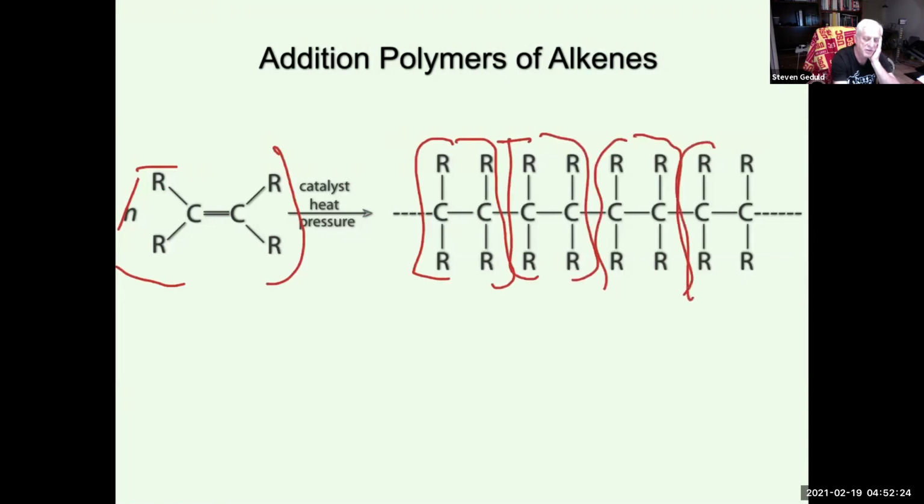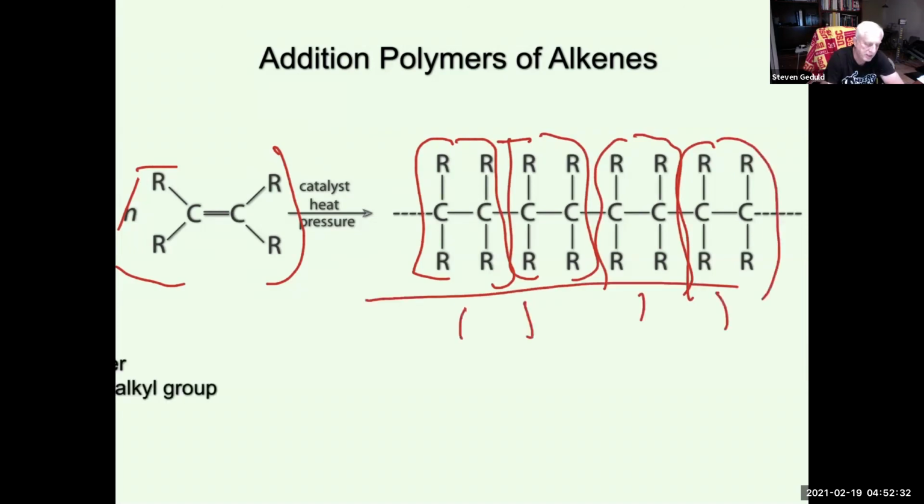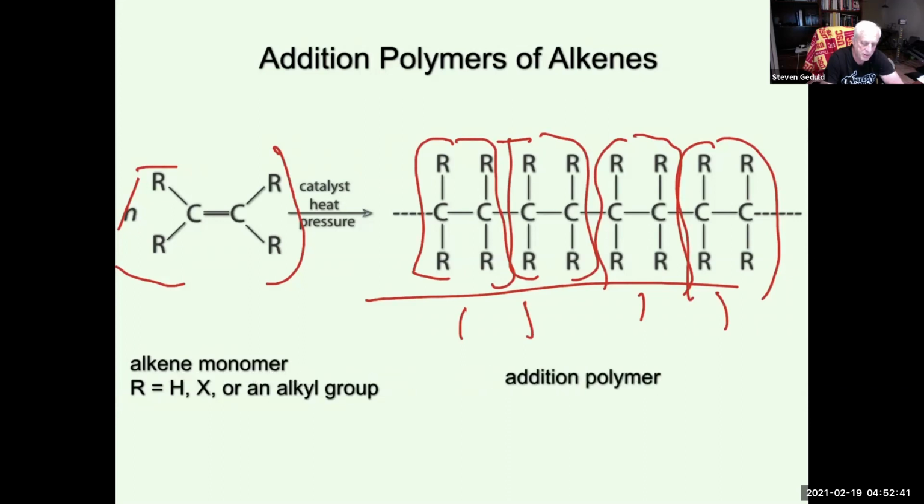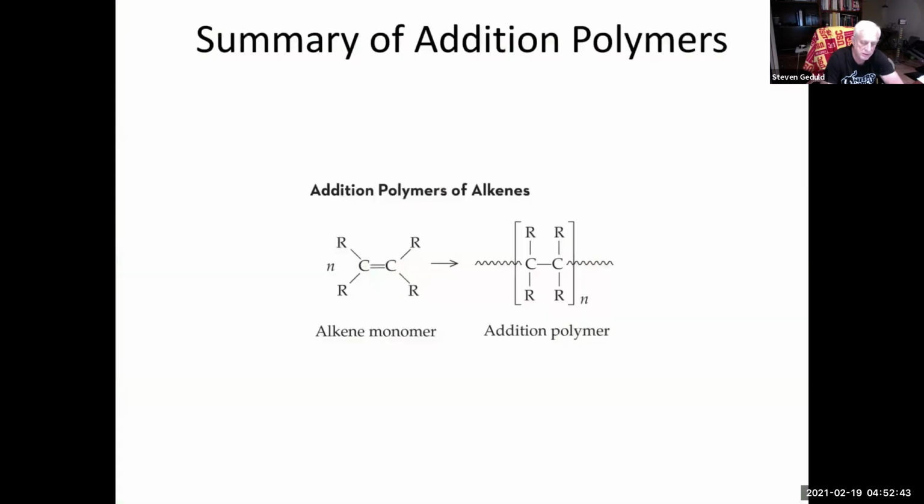These are the monomers. Each monomer together to form a polymer. Okay, and it could be with alkyl groups, it could be with hydrogen, or could be with alkyl groups or halogens in that monomer. That's an addition polymer, and that's how it acts. It just forms these little bonds, and this unit repeats an amount of times.